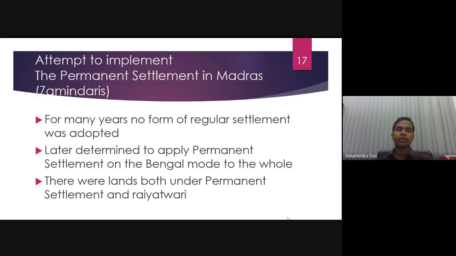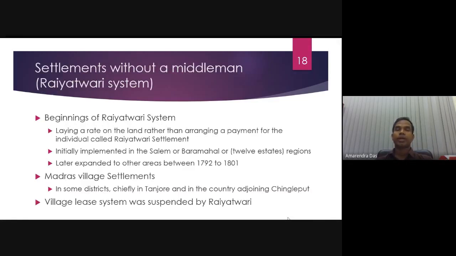However, there are lands both under the permanent settlement as well as the Raiyatwari. And gradually we see that in the Madras presidency the permanent settlement and the Zamindari system were not successful, and the Raiyatwari system was introduced in the Madras presidency.